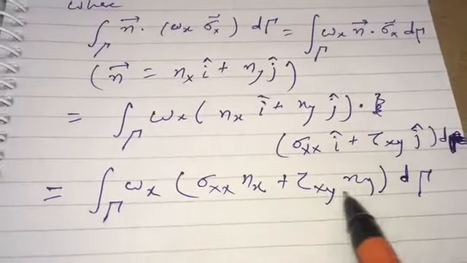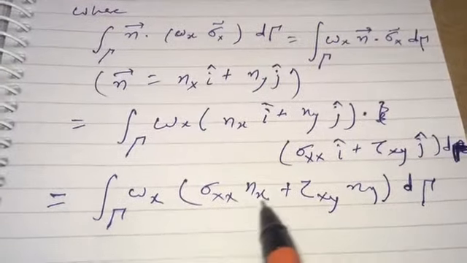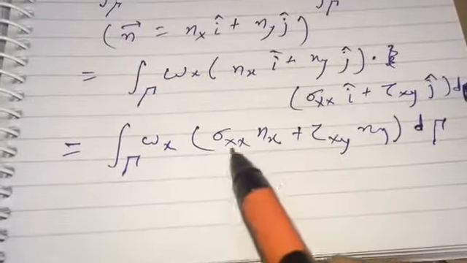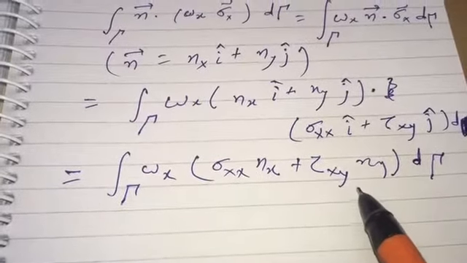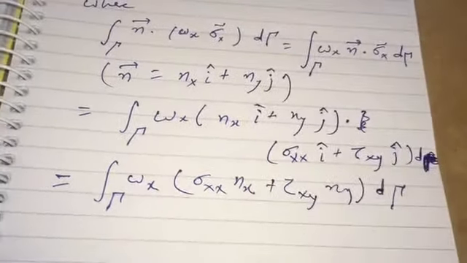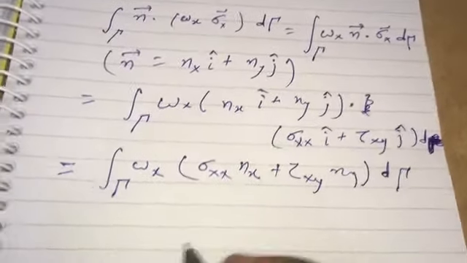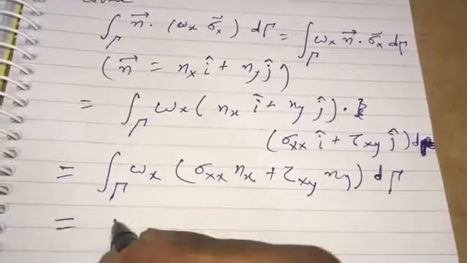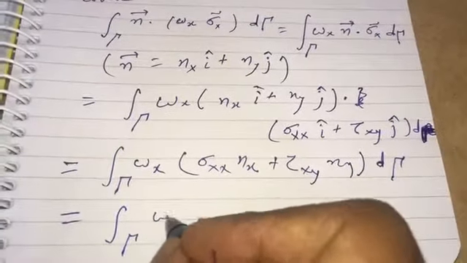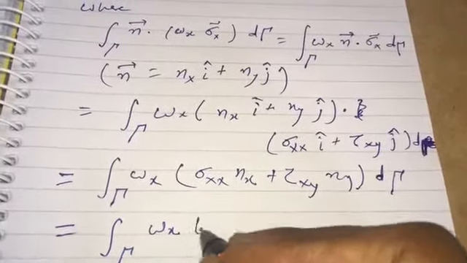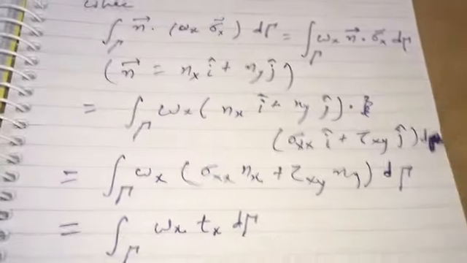What is this one? From the last lecture video you can recognize this is nothing but Tx, the traction in the x direction. So the whole thing becomes the integral over gamma of wx times Tx d gamma.